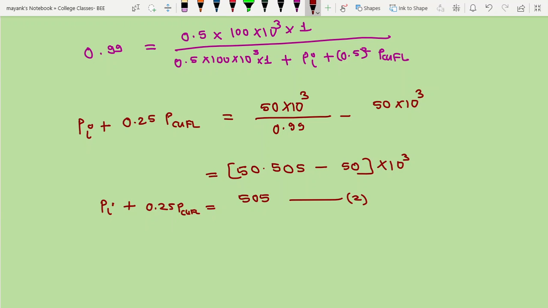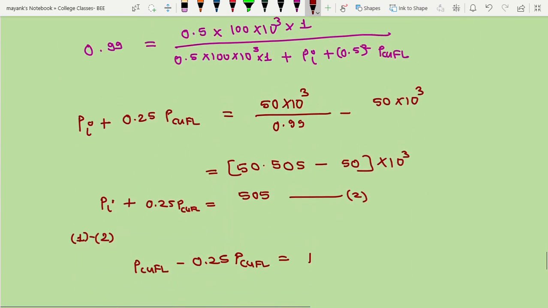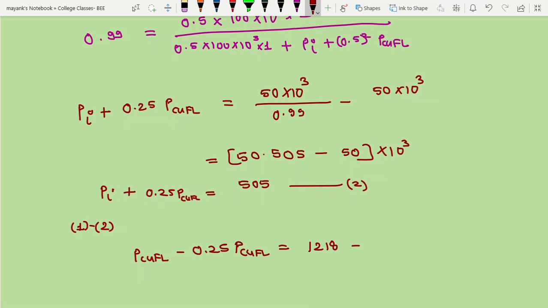Now you have two unknowns, Pi and P copper losses at full load, and you have two equations, so you can solve them. If you simply subtract equation 1 minus 2, Pi minus Pi will get cancelled out and this will become P copper loss at full load minus 0.25 PCUFL will be equal to 1218, from equation number 1, minus 505 from equation 2.